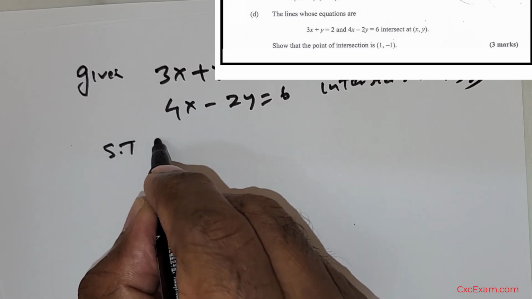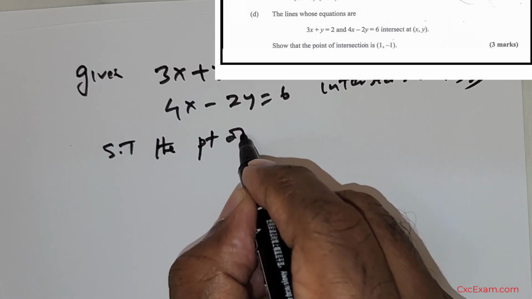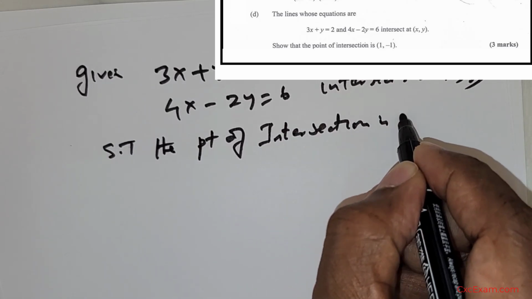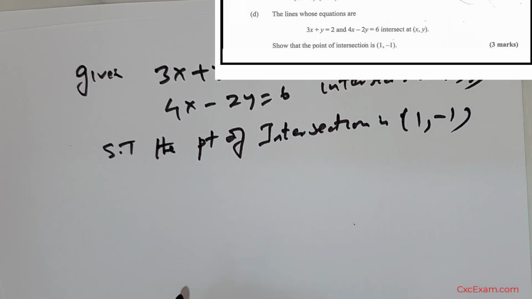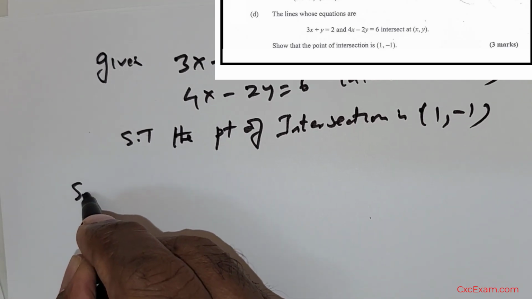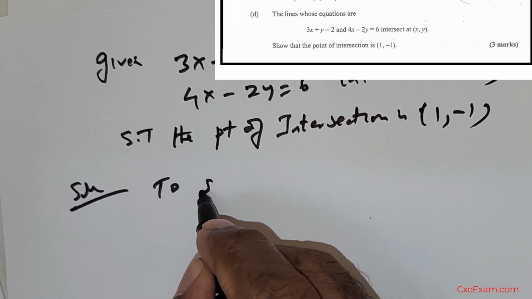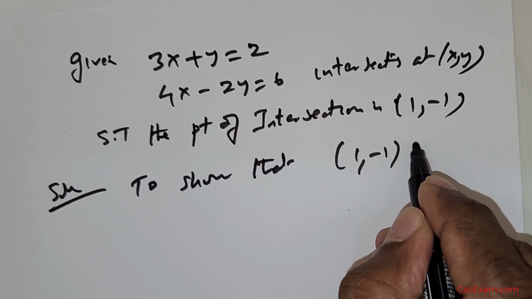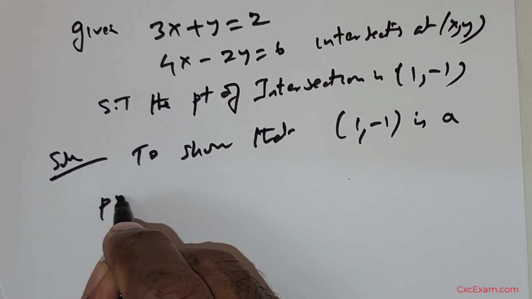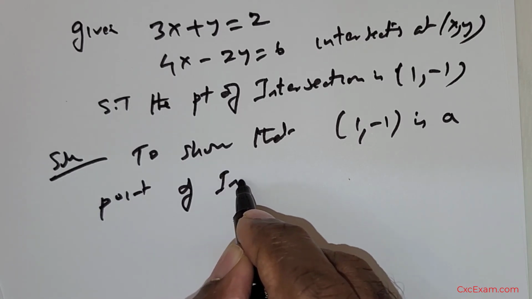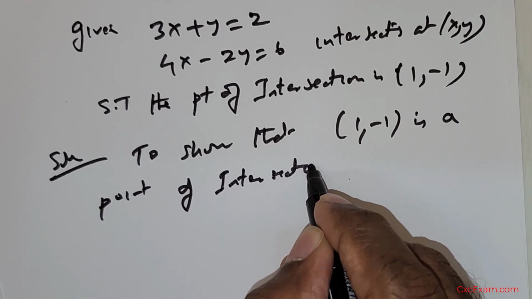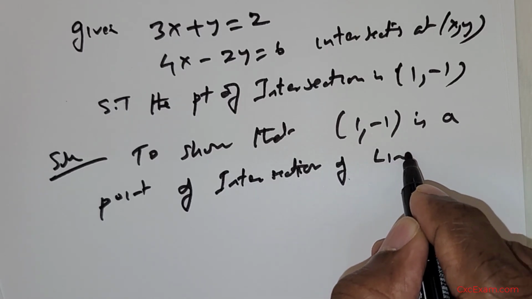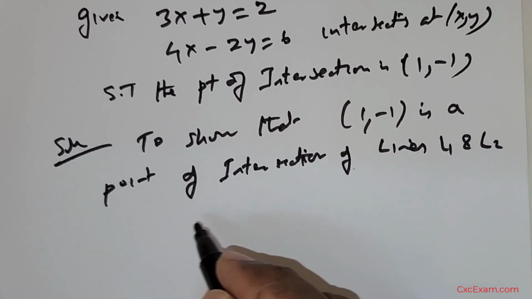Now show that the point of intersection is (1, -1). So this is a solution to show that (1, -1) is a point of intersection of lines L1 and L2.